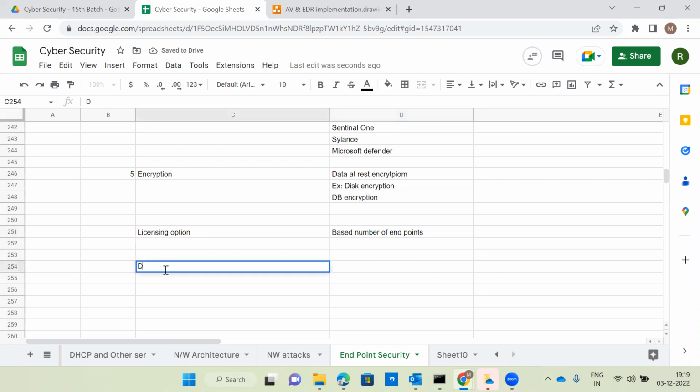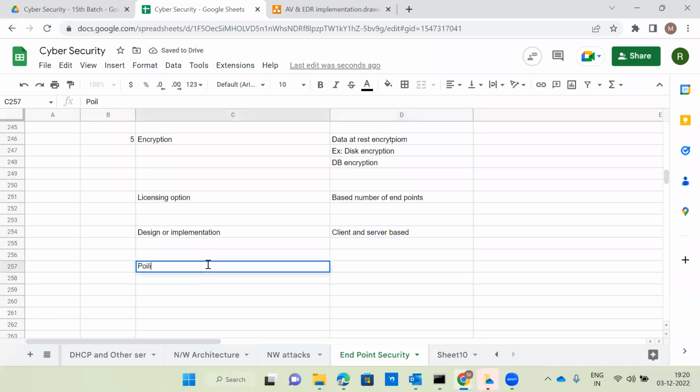Next one is design or implementation: client and server based. Next, there is no need to configure any policies.